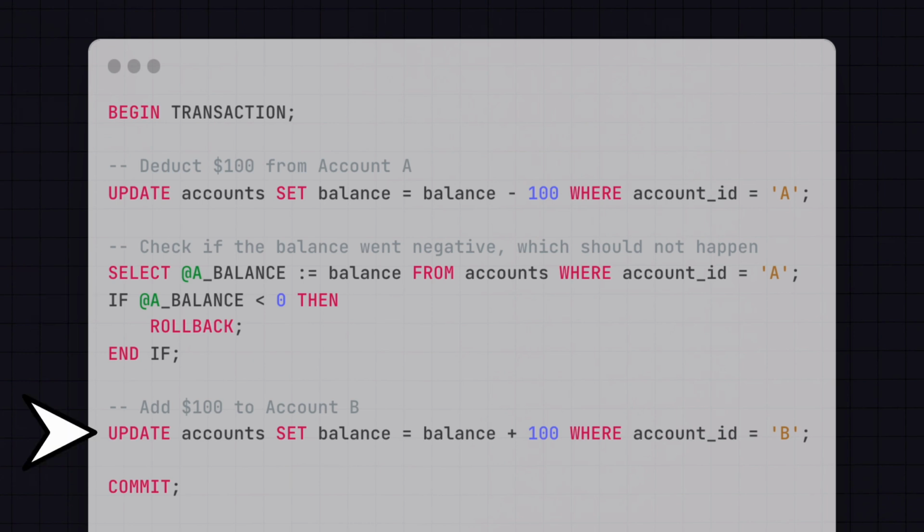Otherwise, if account A has enough money, then the $100 is added to account B. And in case both updates are successful, only then we commit the transaction, which is executed to permanently apply the changes made during the transaction to the database. This will ensure that both accounts are updated appropriately, and if there is an issue at any point, none of the changes are applied, maintaining the integrity of the data.